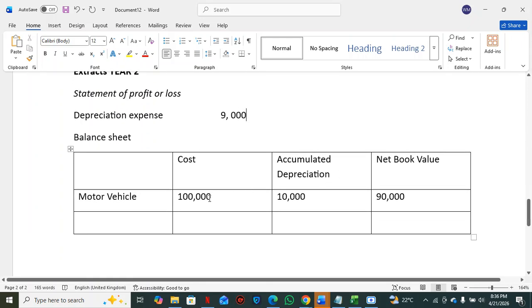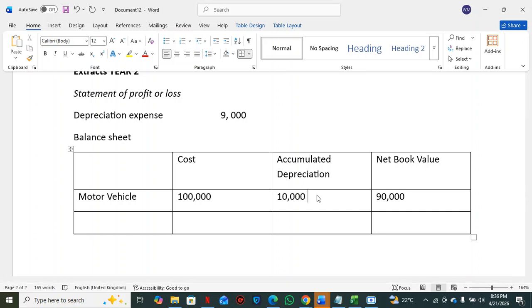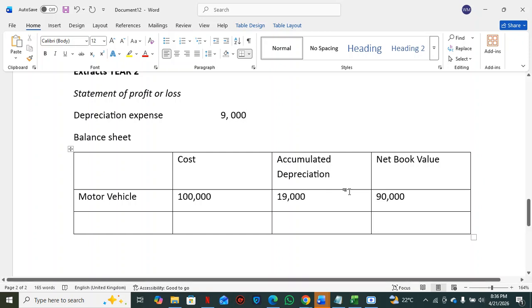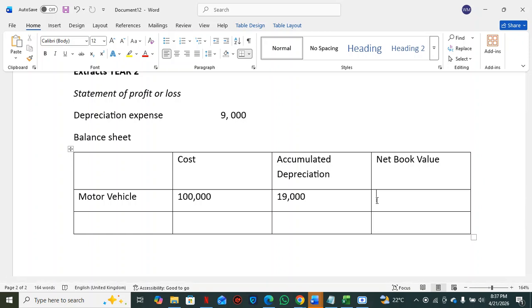Balance sheet, accumulated depreciation, remember 10,000 plus 9,000, which is now 19,000. So 100,000 minus 19,000 is 81,000. That's the net book value, 81,000. Any questions before we go to year three?